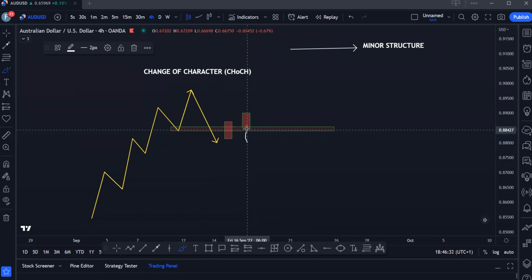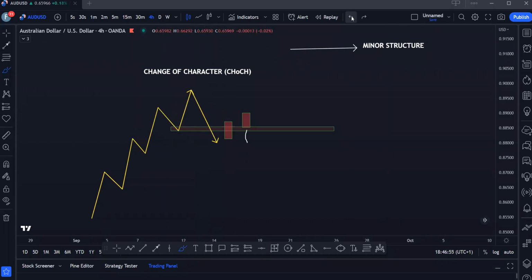Whichever one you choose to use is correct. So the break of structure on change of character on a minor structure, once that break happens, that is your first signal that order flow wants to shift, in this case from bullish to bearish.